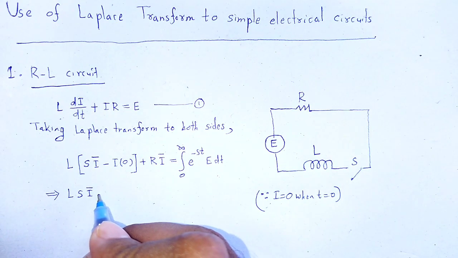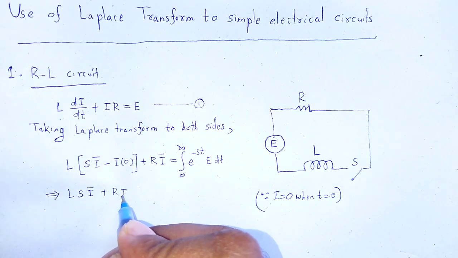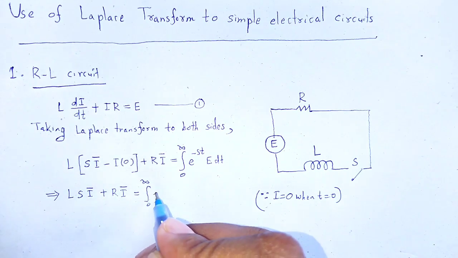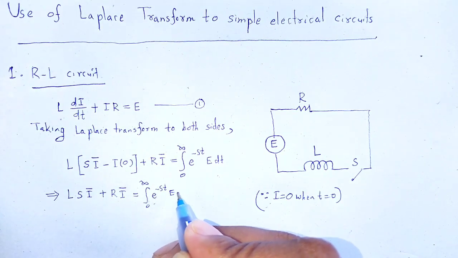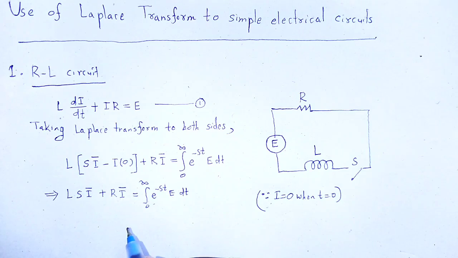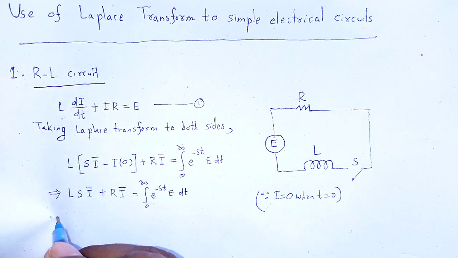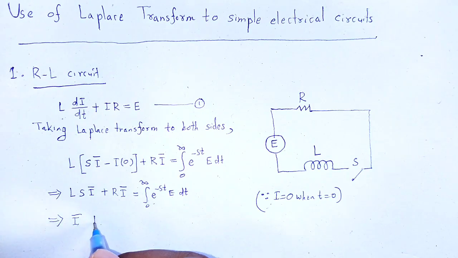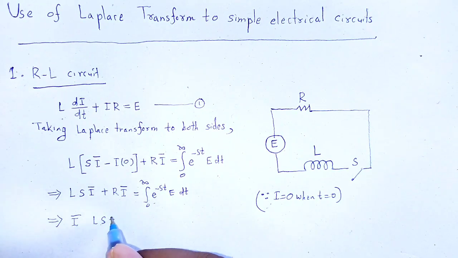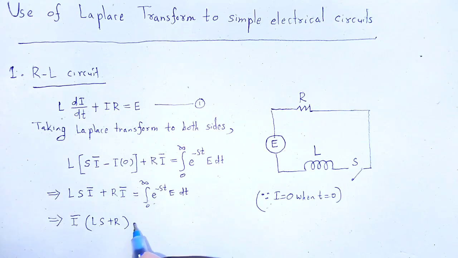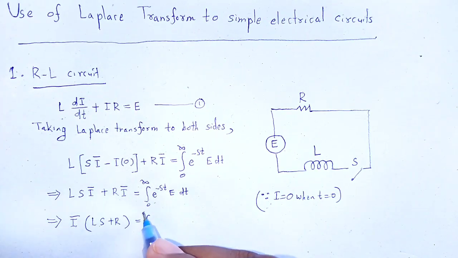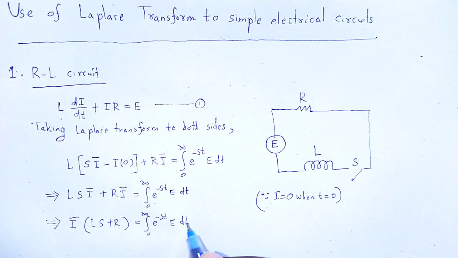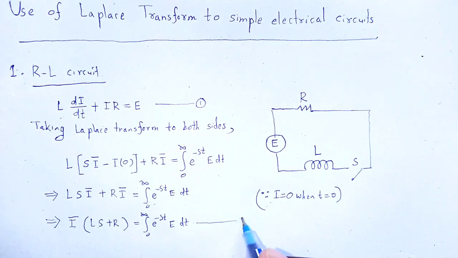Plus R I bar is equal to the integral from 0 to infinity of e to the power minus st E dt. Taking I bar as common, I bar times Ls plus R is equal to the integral from 0 to infinity of e to the power minus st E dt. Equation number 2.